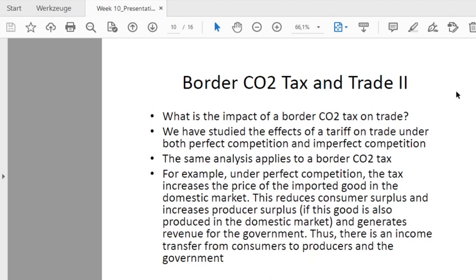For example, under perfect competition, the tax, just like a tariff, increases the price of the imported good in the domestic market. Well, if a good becomes dearer in the domestic market, then this reduces consumer surplus and at the same time increases producer surplus if the good is also produced in the domestic market, and generates revenue for the government. Thus, what we see here is an income transfer from consumers to producers and the government because of the tax, and because of tariffs too, right?